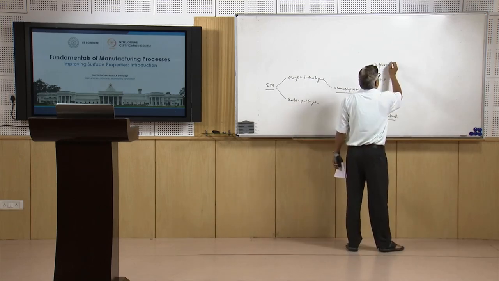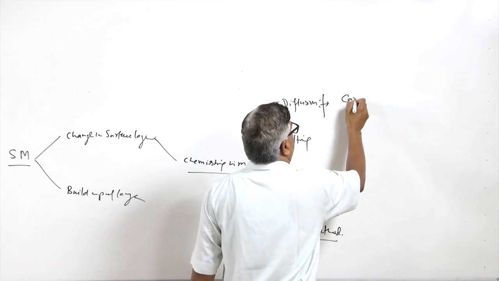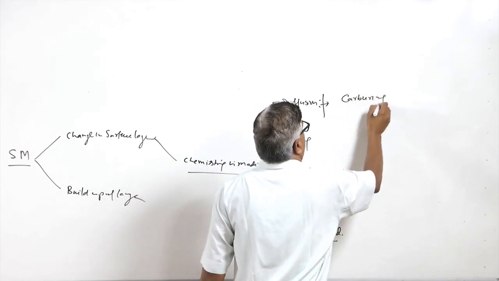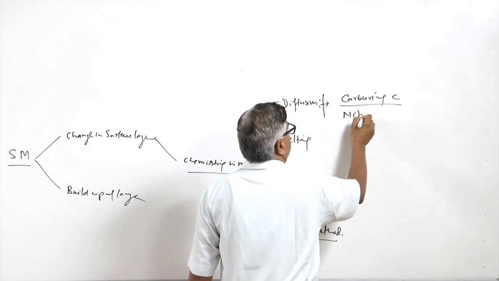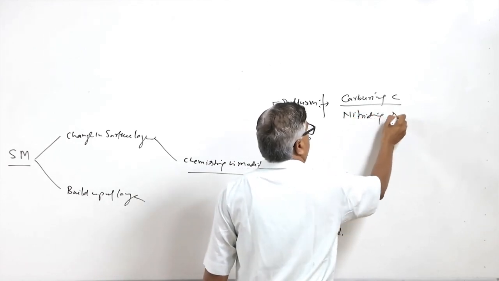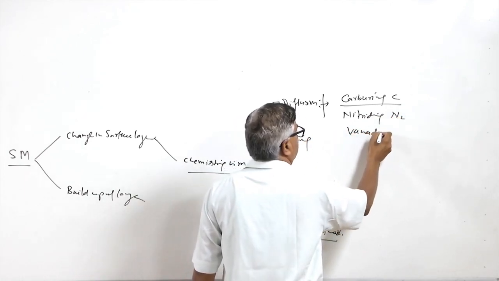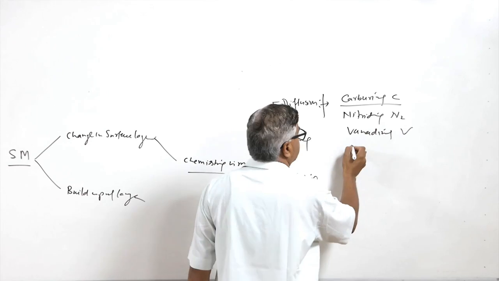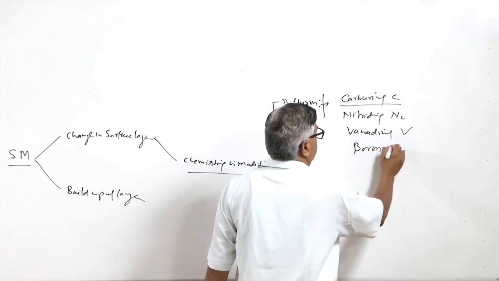So the diffusion based processes are carburizing, wherein carbon is introduced at the surface, then nitriding where nitrogen is introduced, then vanadizing, where vanadium is introduced, and boronizing, where boron is introduced.